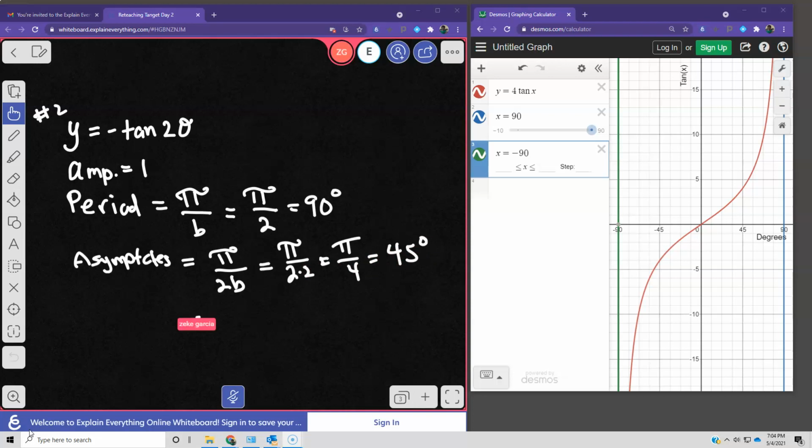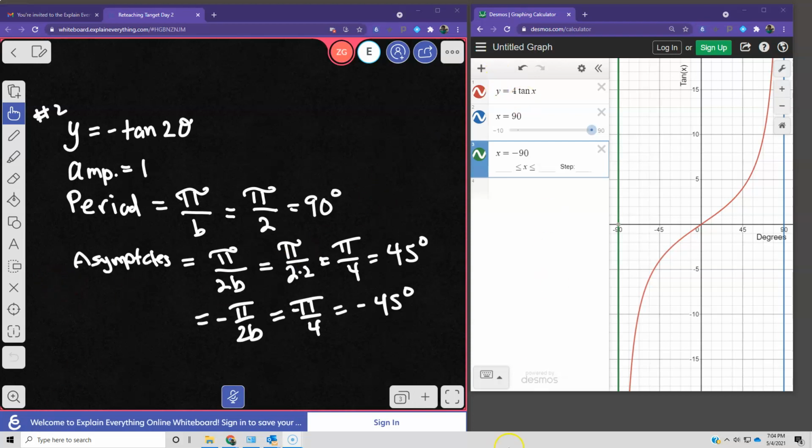So the other asymptote is actually negative 45 degrees. All right? So remember, the amplitude is negligible. We don't have to deal with the amplitude. The period is pi over 2, which is 90 degrees. And we know the asymptotes are going to occur at 45 degrees and at negative 45 degrees.